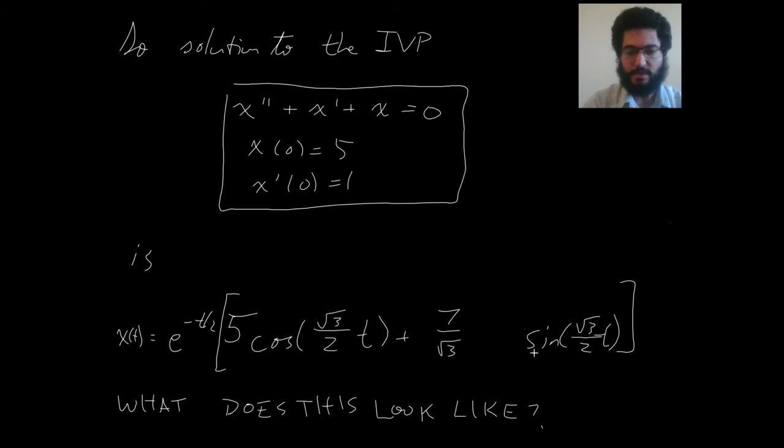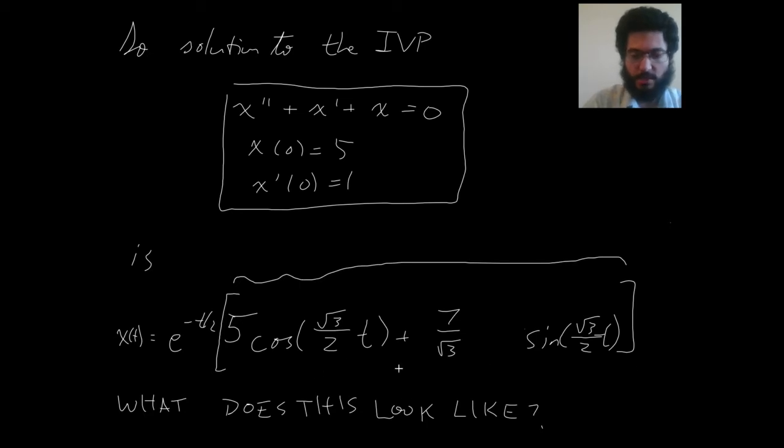Yeah, so we can definitely do this. And now it looks like e to the minus t over 2 times what looks like a linear combination of a sine and a cosine, where the angular frequency is the same. So it's 5 of this cosine and 7 over root 3 of this sine. And the angular frequency is the same.